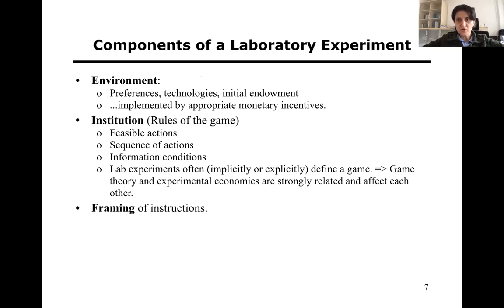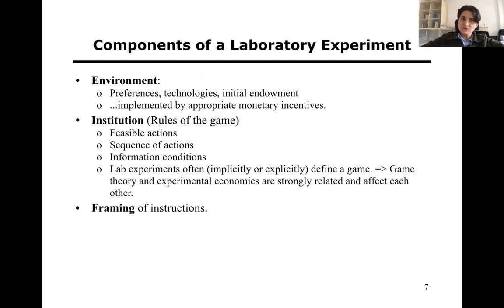Okay. What are the components of an experiment? Environment. So what do we mean by environment? It's preferences, technologies, endowments, and experiments should be implemented with appropriate monetary incentives. Okay, so we are using real money to analyze people's choices, right?